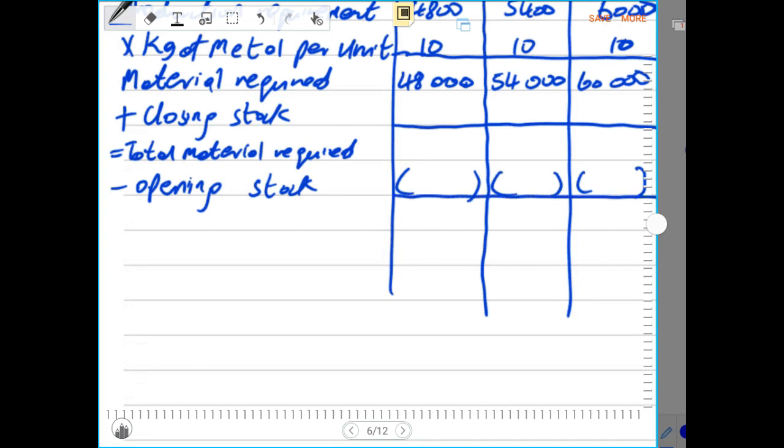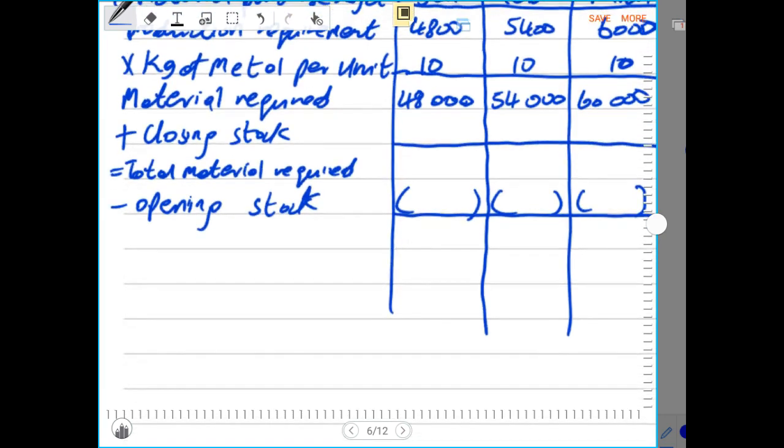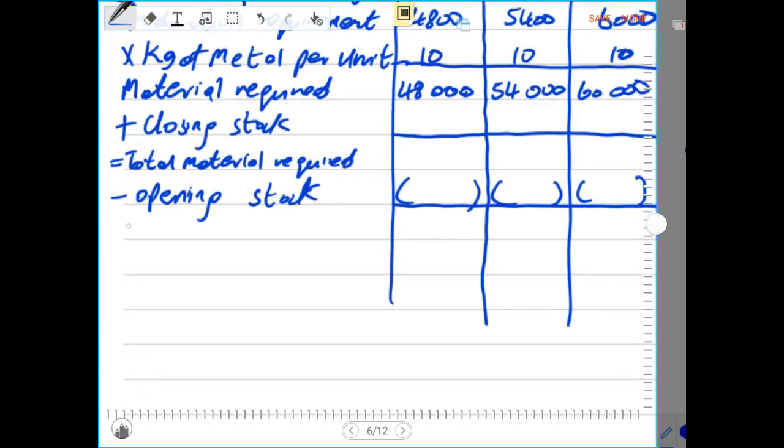So because of that reason, as I've been mentioning to you, opening stock must be deducted. So now that will give us the total purchases in kgs.